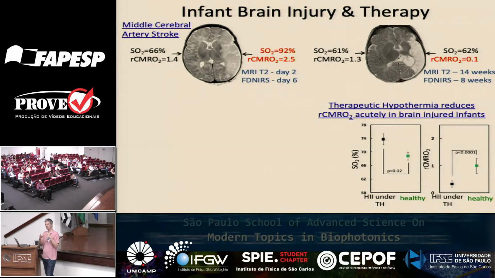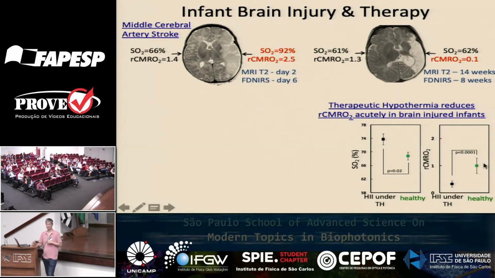And the purpose is to reduce the metabolic damage that's happening to the brain. And so she has now measured that actually under this hypothermic therapy, the metabolism is actually reduced below normal, right?